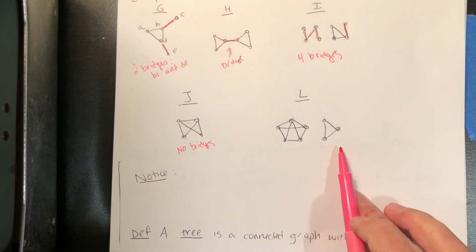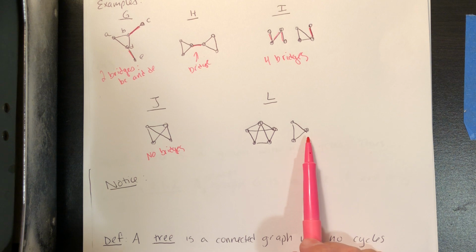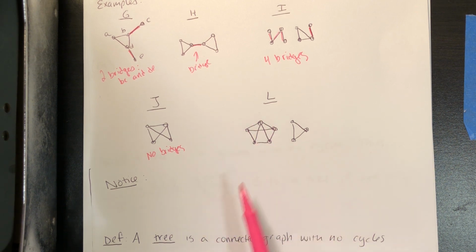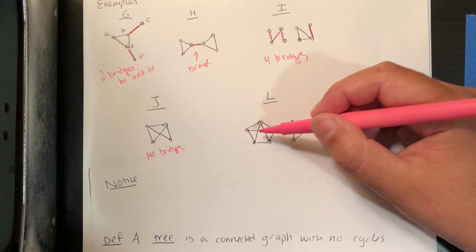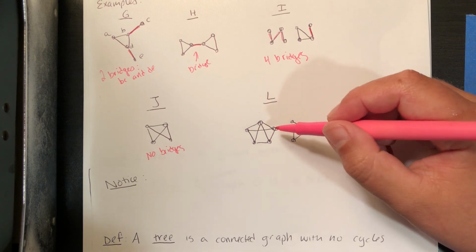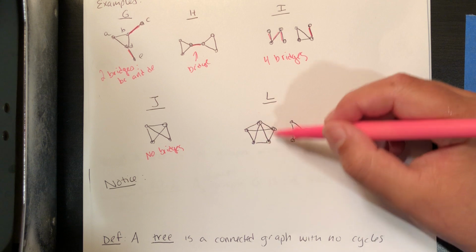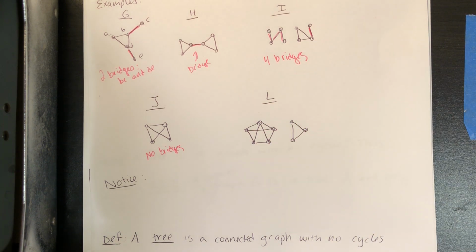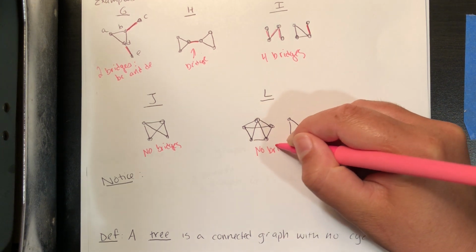And in our last graph here called L, well, it's already disconnected, but could we remove any edge from a single component and disconnect that component? As it turns out, no. You can just picture in your head what happens if you take each one of these away. It's still going to end up being connected no matter which edge you take away. Similarly, if you take away any edge of a triangle, you're going to be left with a path of length 2. It's still going to be connected. So there's no bridges in this graph either.